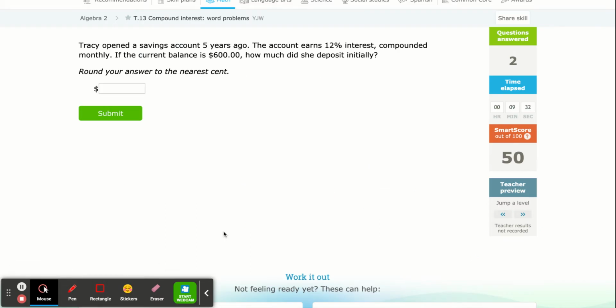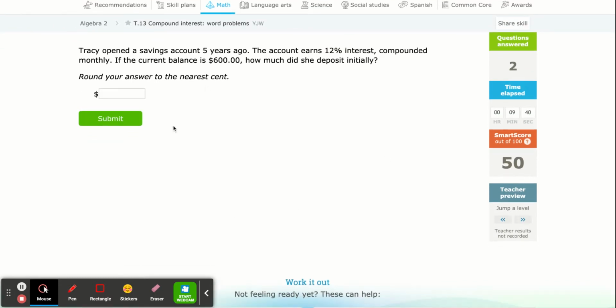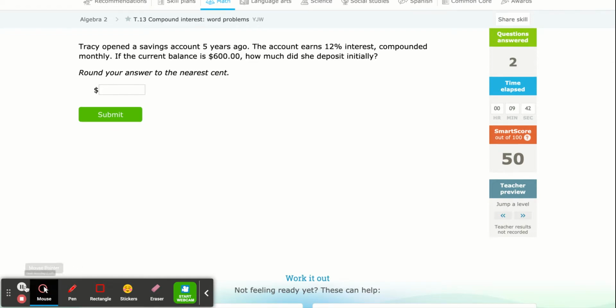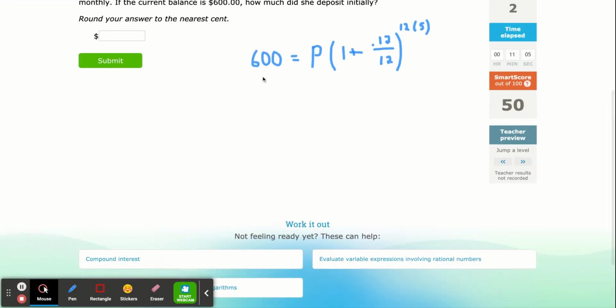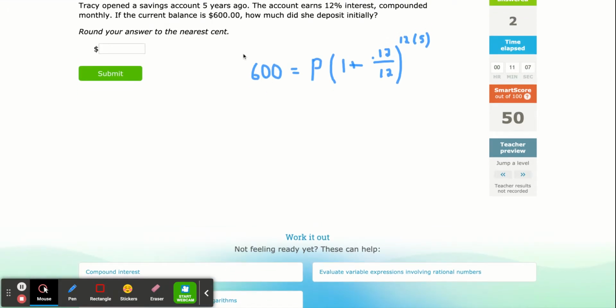Now in this problem, we're going to have to use logarithms because we're going to have to find out the value of A. And if you'll notice, they don't write down the expression. So give me a minute to write down the expression and we'll walk through it. Wow, that was a very quick minute. So I've written down the equation. Now remember, it's A, your final amount, her current balance, her final amount that she has at the moment is 600.